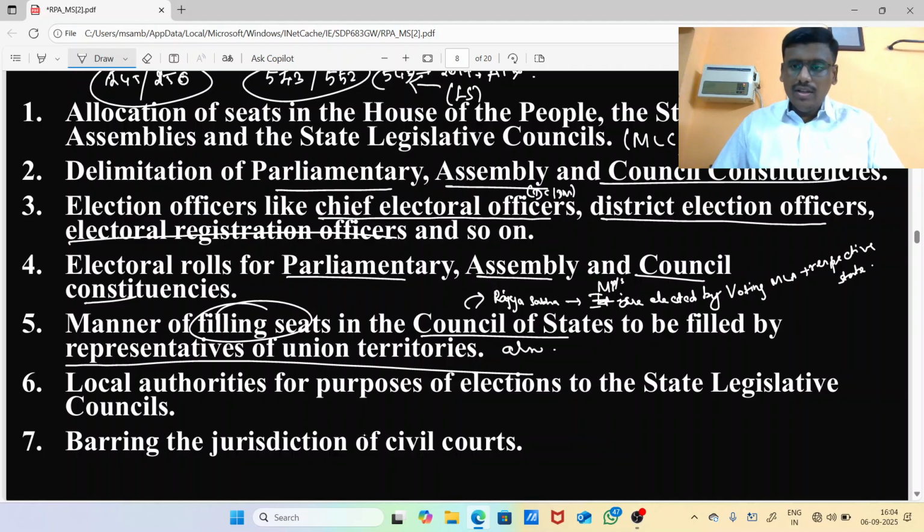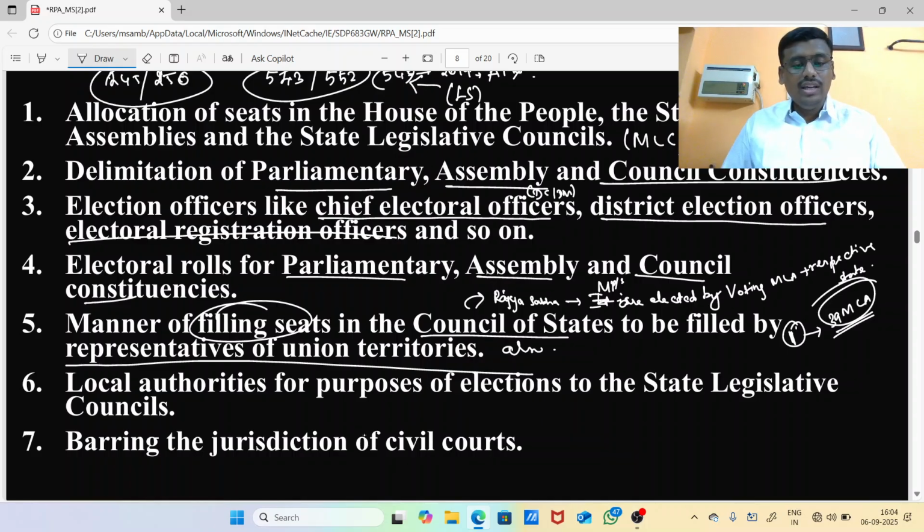Okay. If a person needs to become a member of Parliament in the Rajya Sabha, he needs the support of 39 MLA votes. So one Rajya Sabha MP can be chosen on the basis of the voting of 39 MLAs.